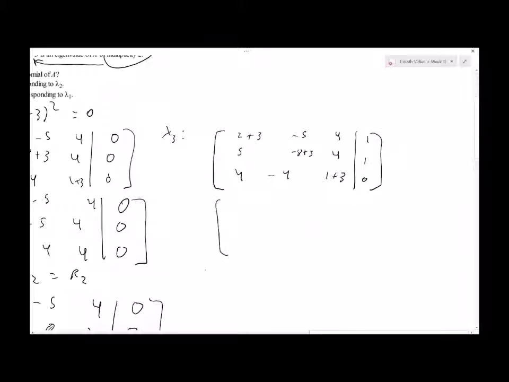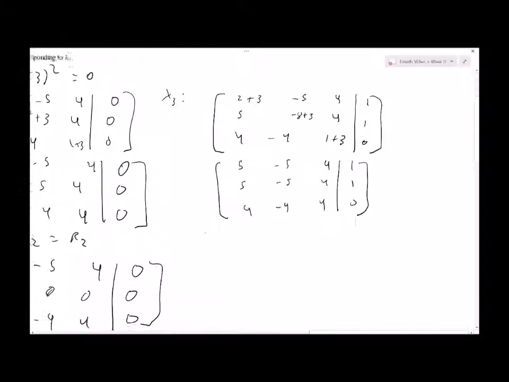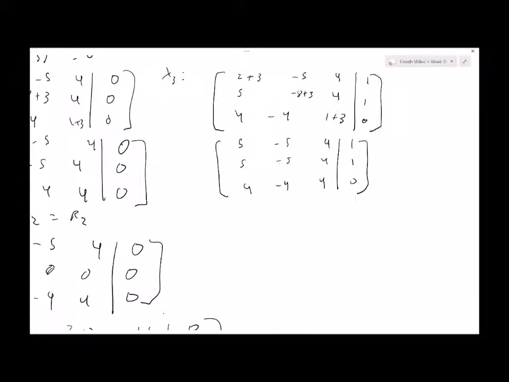So now we're left with 5, negative 5, 4, 1; 5, negative 5, 4, 1; 4, negative 4, 4, 0. As you can see, row 1 and row 2 are still multiples of each other, which makes sense because it should work. We should be able to solve this system. You're always going to get a row of zeros.